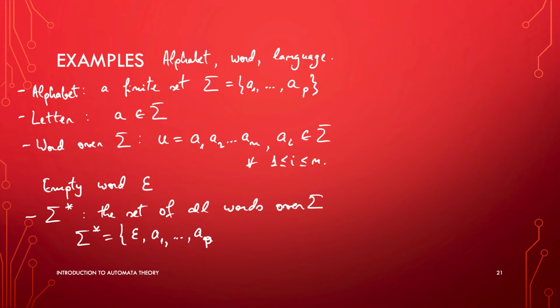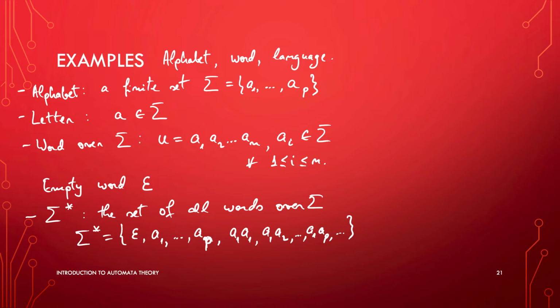So I'm going to have all these letters. Then you will have all the words of length 2: A1 A1, and A1 A2, and so on, maybe A1 AP, and so on. Then you will have the words of length 3 and of length 4 and so on. So this is obviously an infinite set.